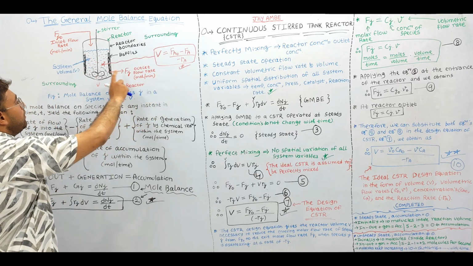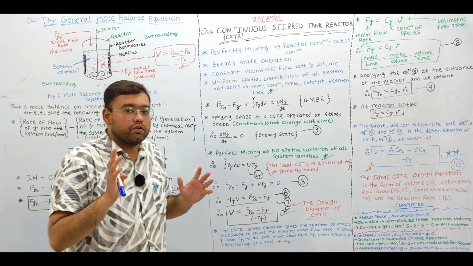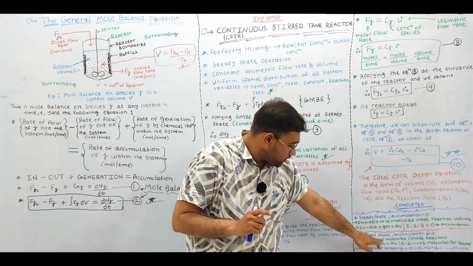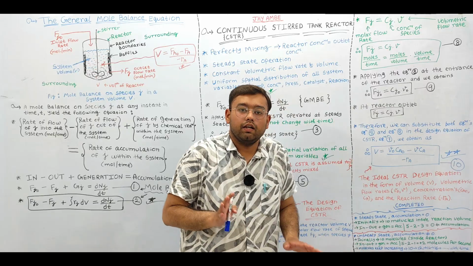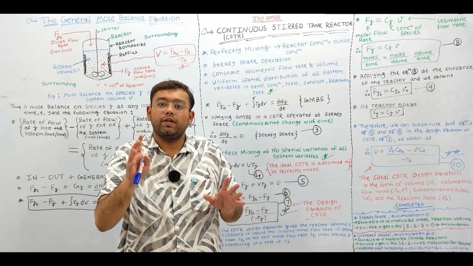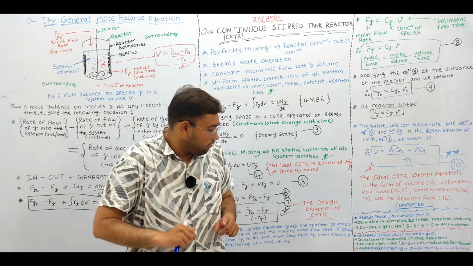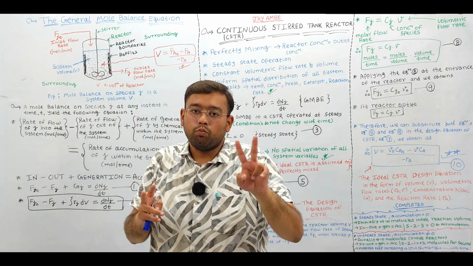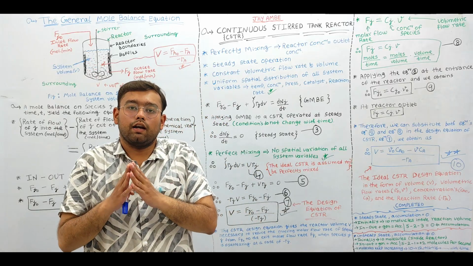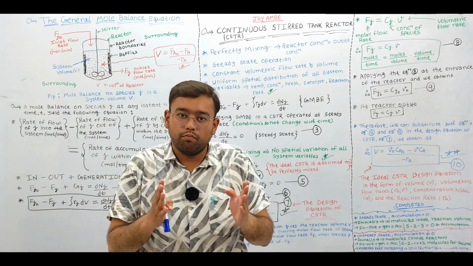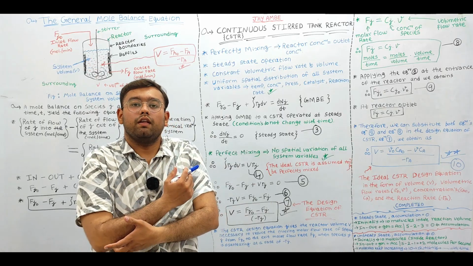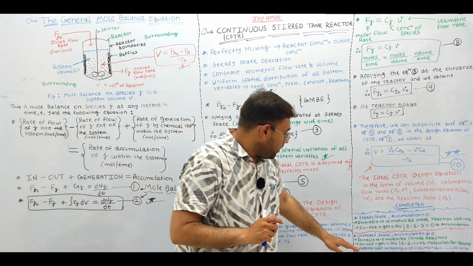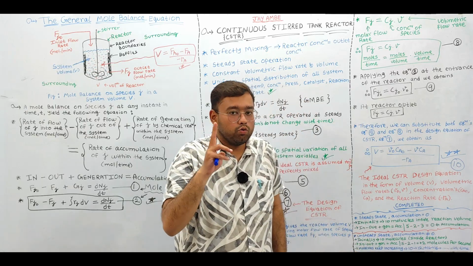Now we'll apply the general mole balance equation again: in minus out plus generation is equal to accumulation, right? So in the inlet we have 5 molecules entering per second. Outlet means the 2 molecules leaving the reactor system unreacted, not taking part in the reaction, just leaving the reaction environment.